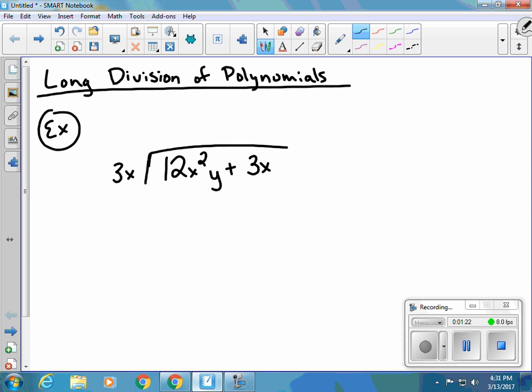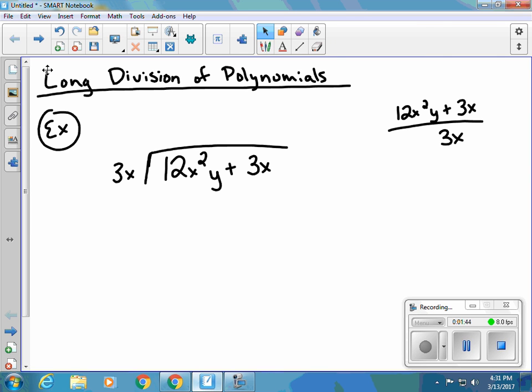In case you're curious, I'll just rewrite this. What this means is it's similar to factoring in that I'm trying to figure out how many 3x's are in each term. And it might not always work out. You might have a remainder, and that's okay.